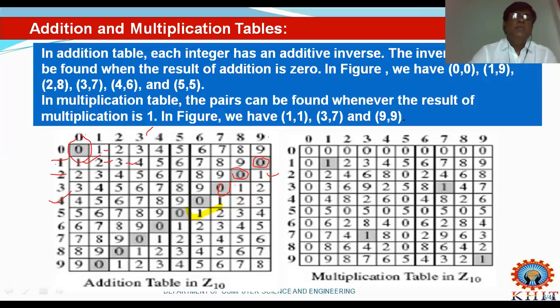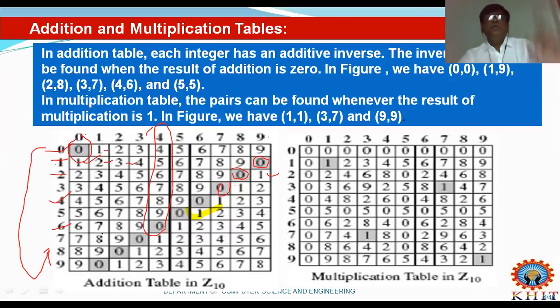That means every number from 0 to 9 has additive inverses. For example, this 6 has additive inverse 4 because it is this one. So every number from 0 to 9 has additive inverses.